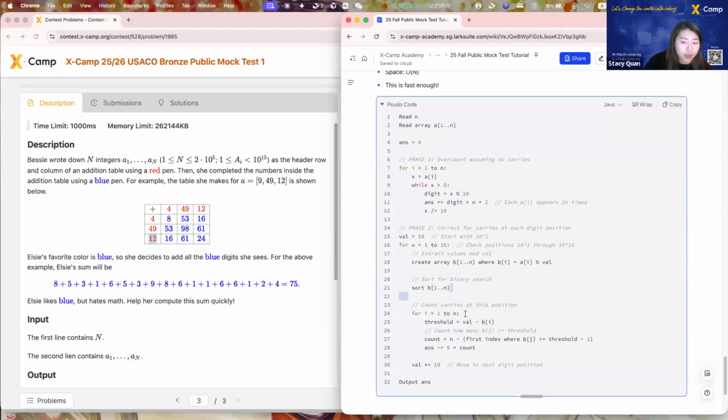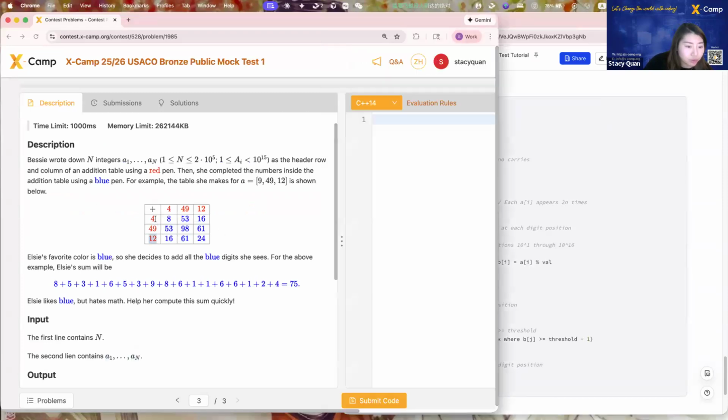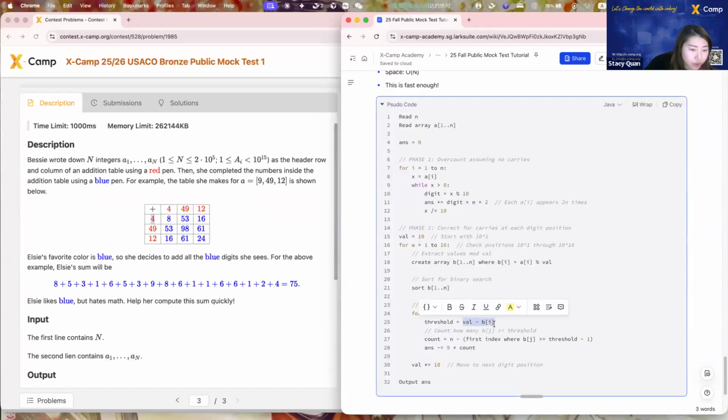I store them. And for my first input 4, I'm looking for all the complementary partners whose last digit is greater or equal to 6. So first I compute the threshold. Exactly, I'm researching into the carry into the 10. So this is my carry, the place sum that will include the carry, minus myself. Then that's the threshold I'm looking for.